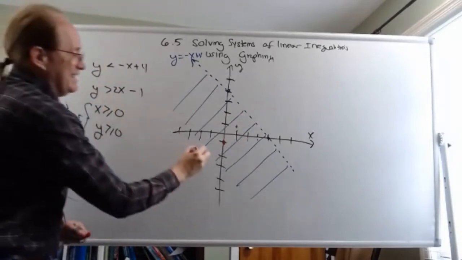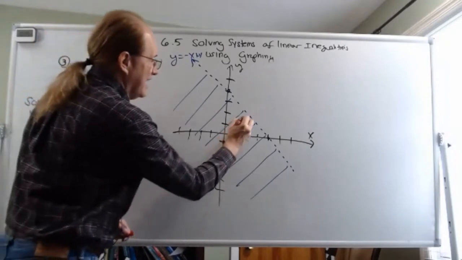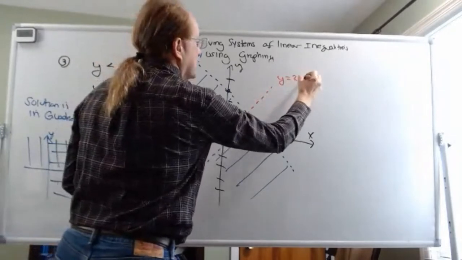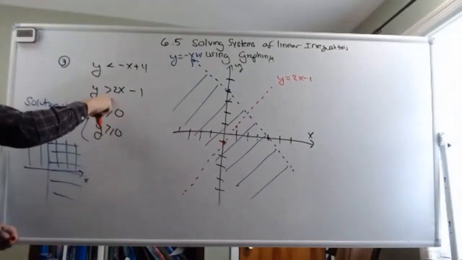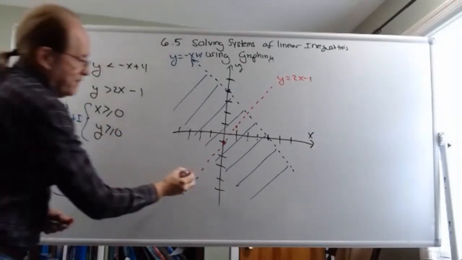Again, it's a dashed line. That's y is equal to 2x minus 1. That's not part of my solution region because it's not equal to. This says y is greater than, so it's above that.